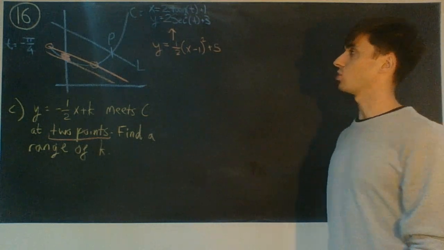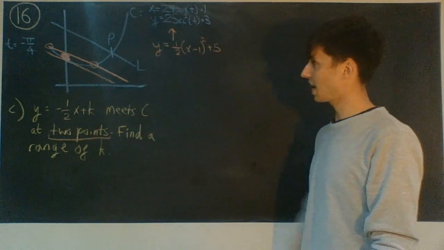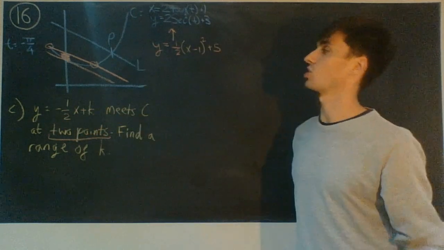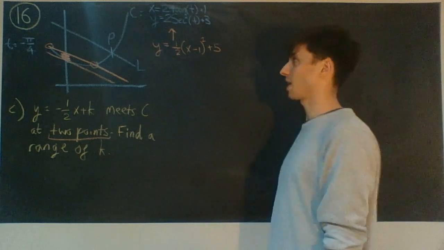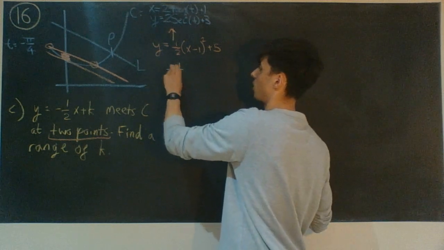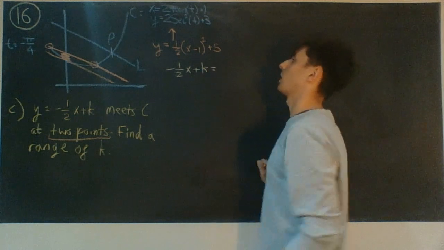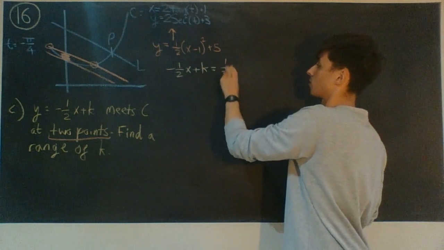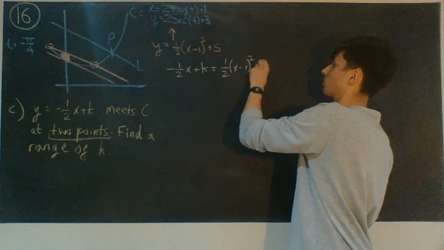So what we should do then is make y equals minus 1/2 x plus k and this equation equal to each other and see what information we can get out of it. Let's try it then. So minus 1/2 x plus k equals 1/2 x minus 1 squared plus 5.